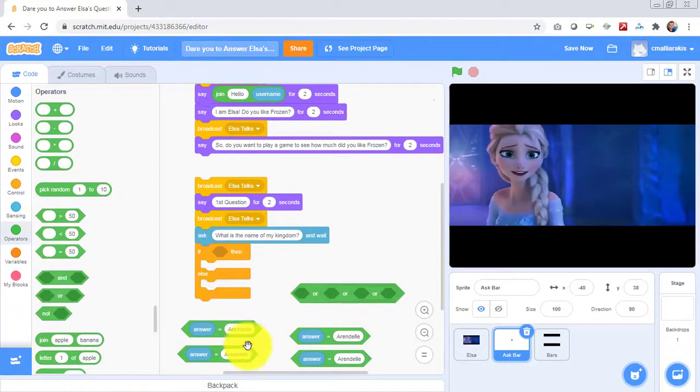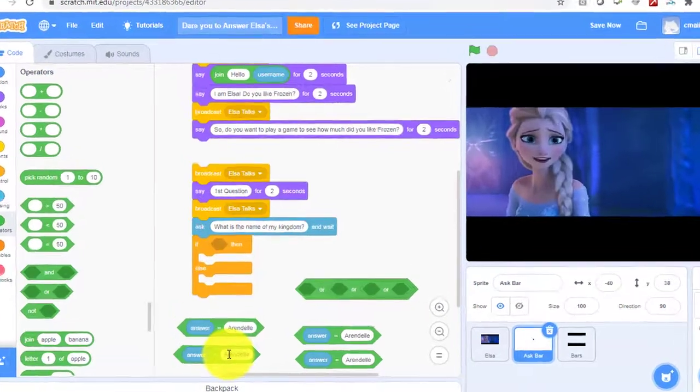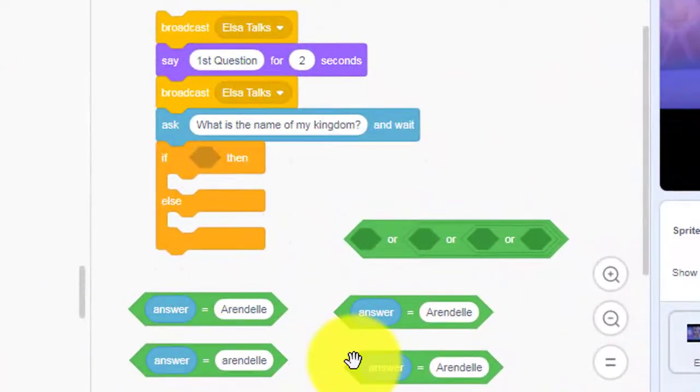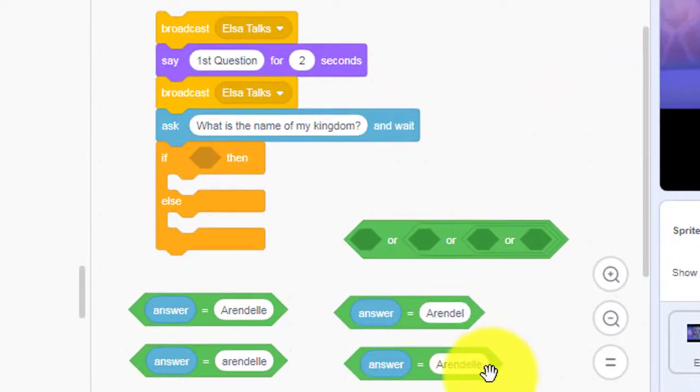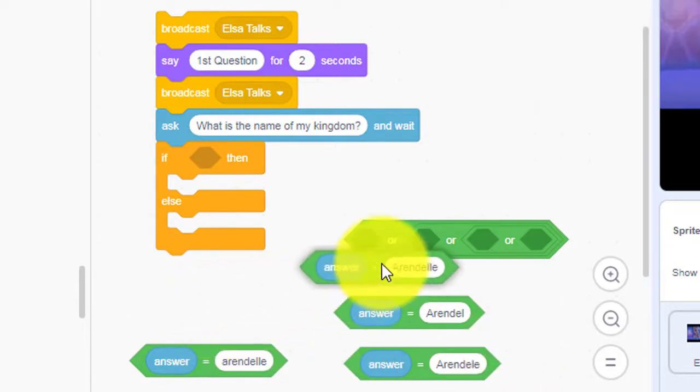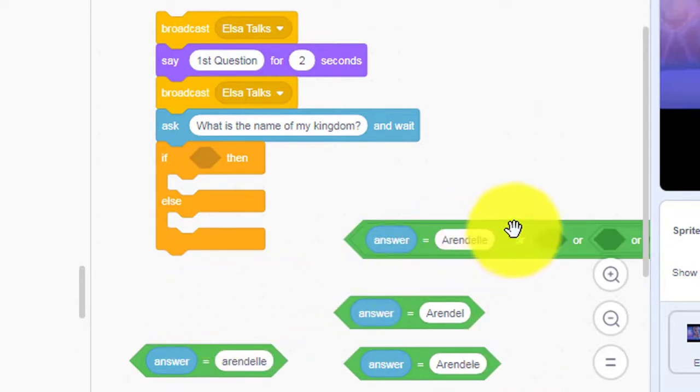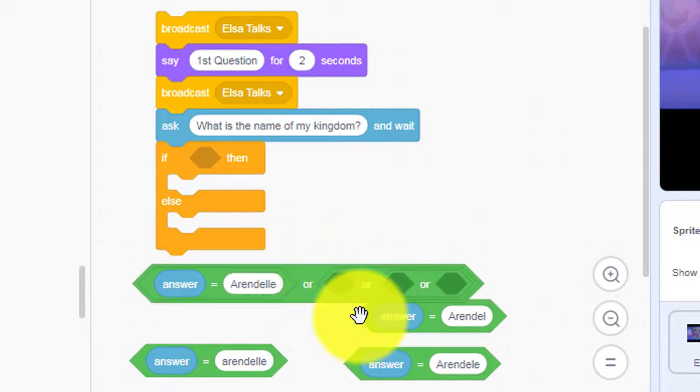So the first one is Arendelle. I will use Arendelle with not capital letters, and Arendelle this one, and also Arendelle this one. So I will drag it and drop it. Of course you can add even more right answers as you wish.